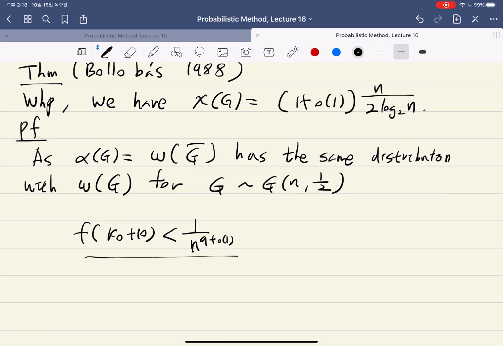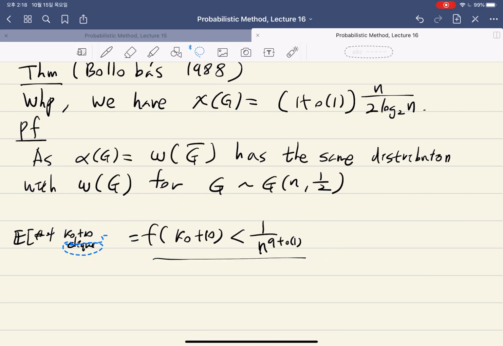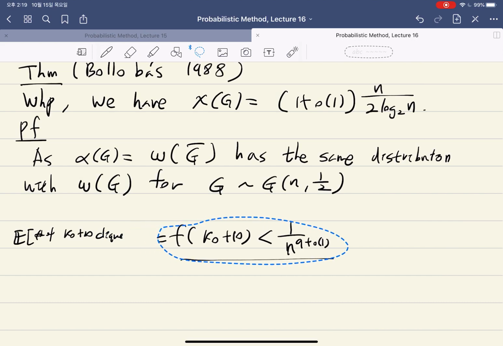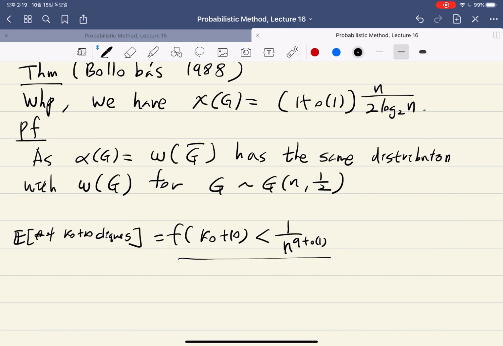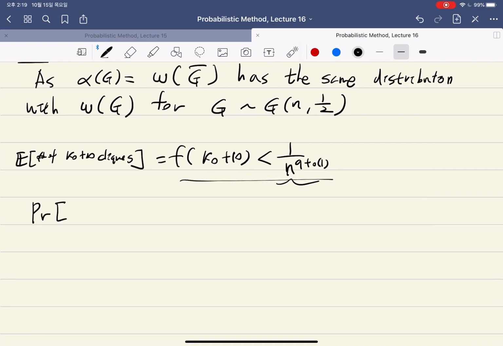We said that this is the expected number of (k0 plus 10)-cliques, and it is smaller than this number. So from that, using Markov's inequality, the probability that omega of G is bigger than k0 plus 10 is smaller than this number, which goes to 0.